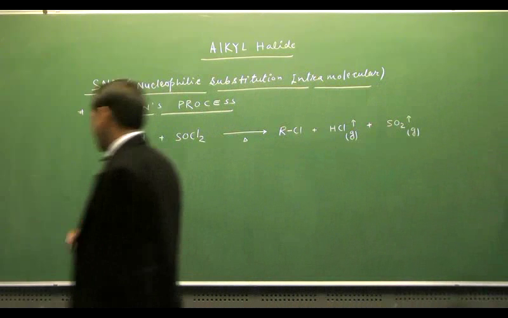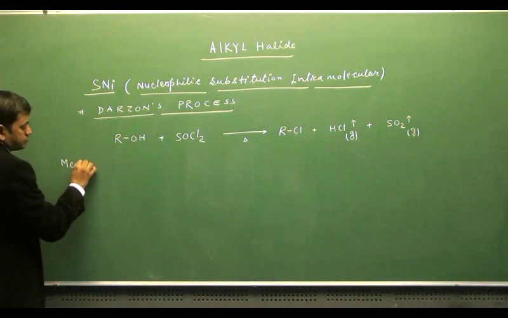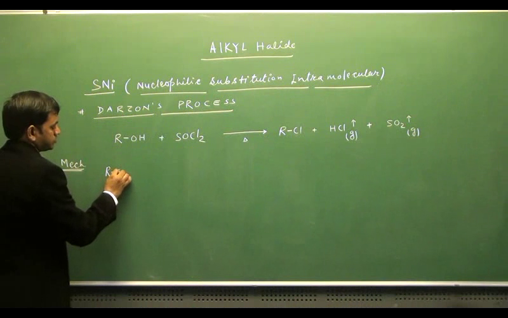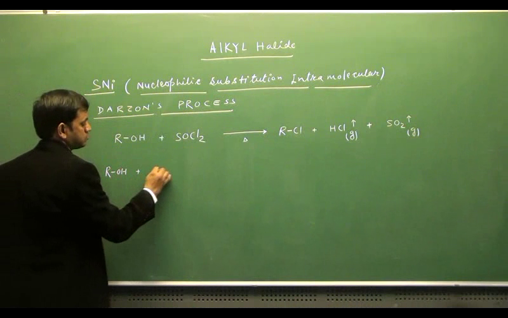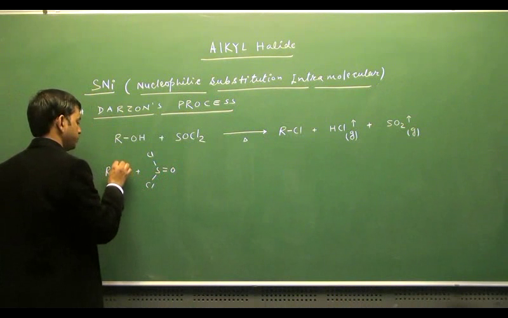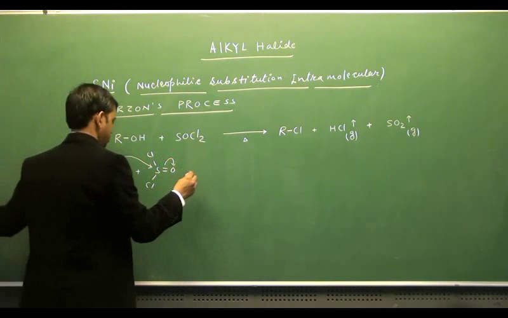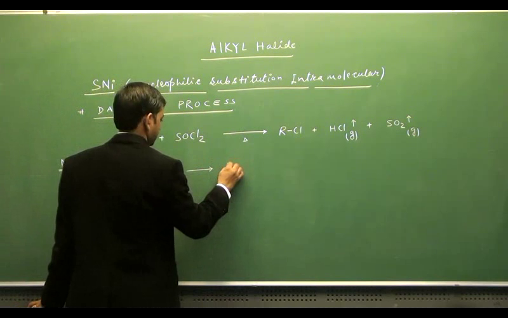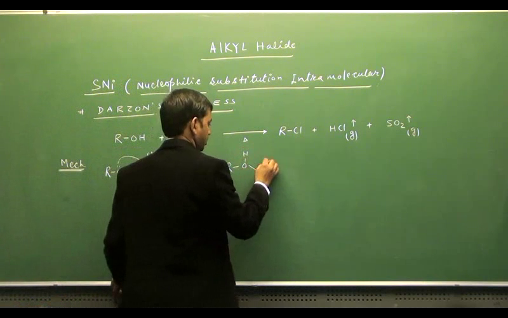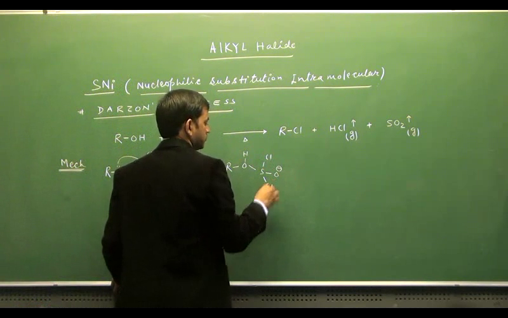If you see the reaction mechanism, it is SNi. Alcohol reacts with SOCl2, it gives ROH as O negative Cl.